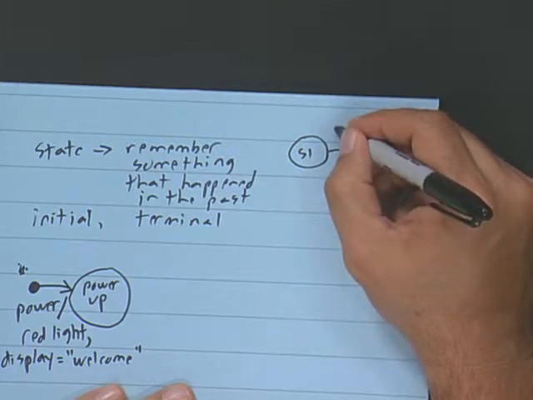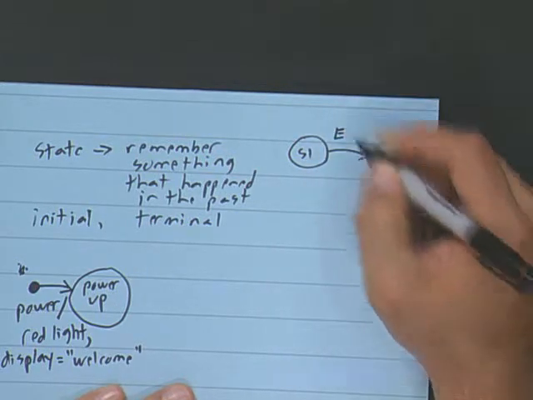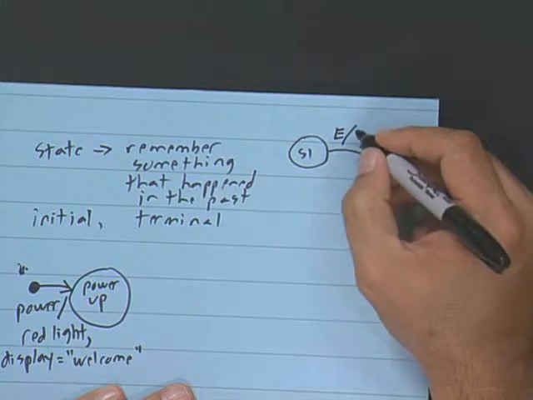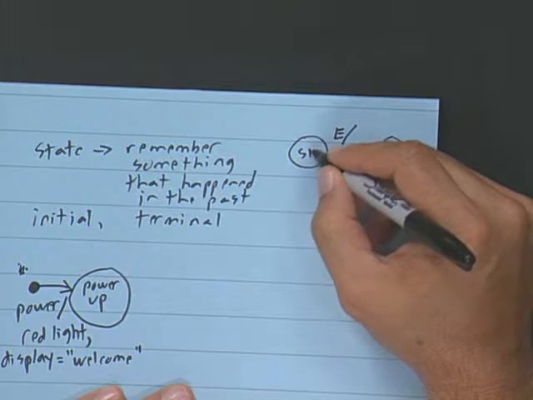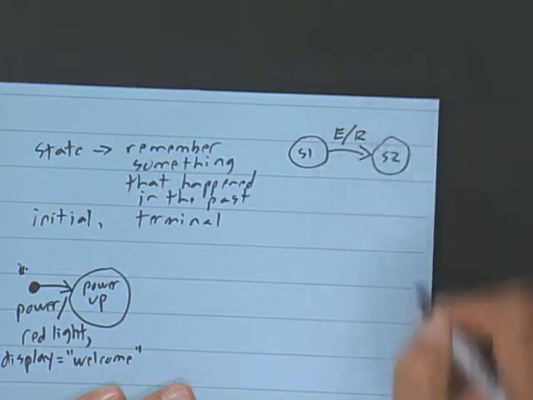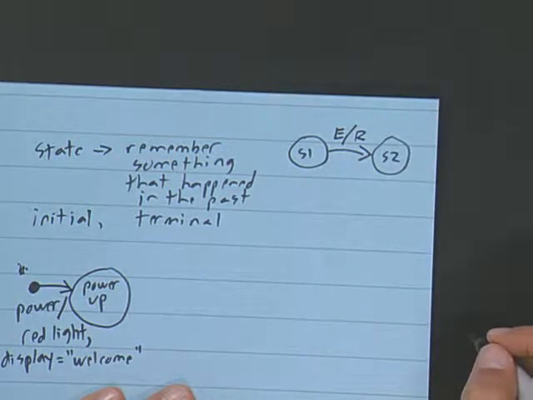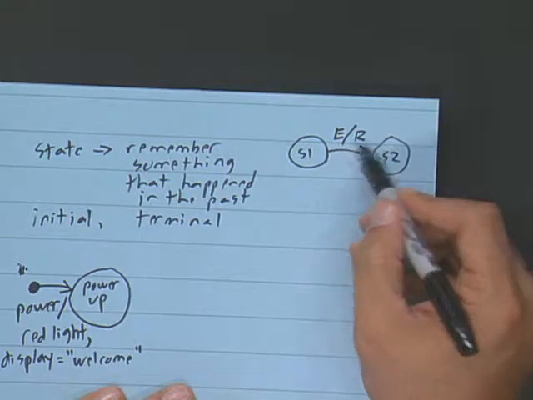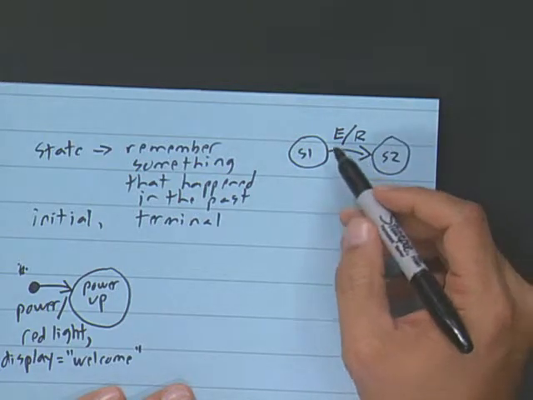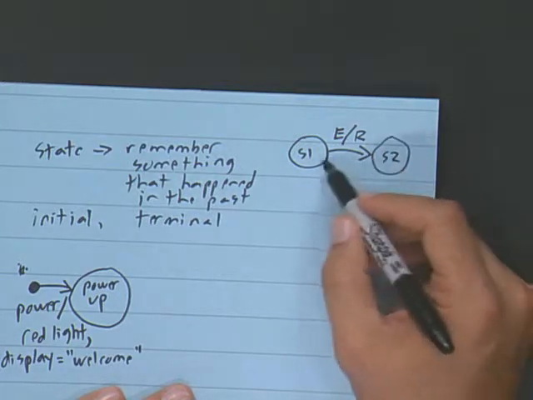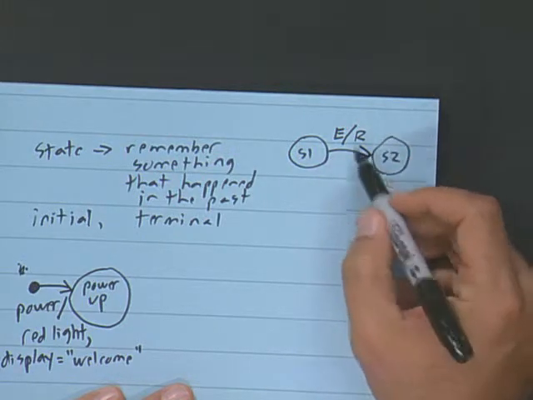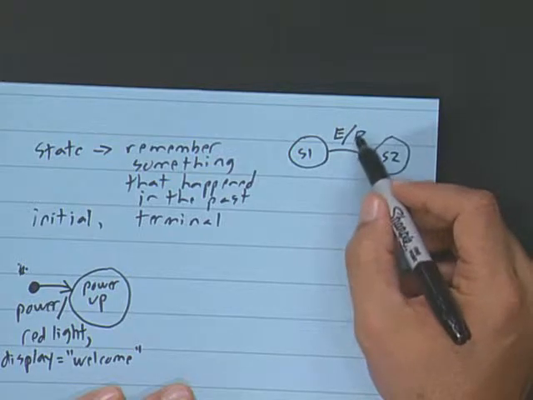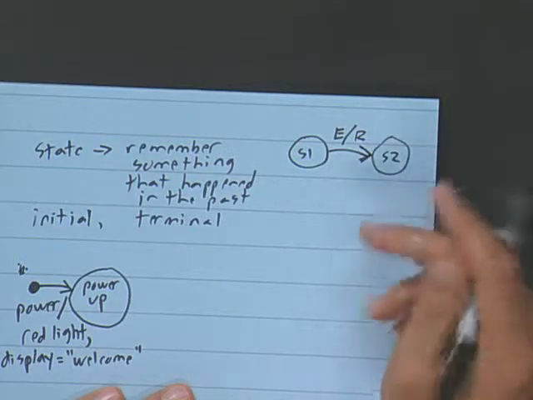Generically, we'll call this an event, and then we'll put a slash, and then any observable outputs from this event happening from this state, we'll refer to that as a response. So event and a response, okay? Any arc has something that causes that to happen. That's the event, and there could be a response from that event.